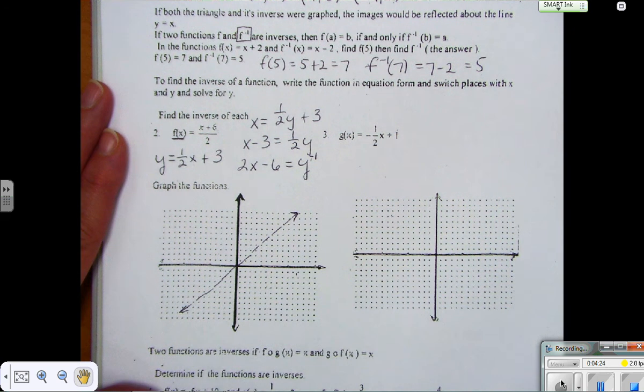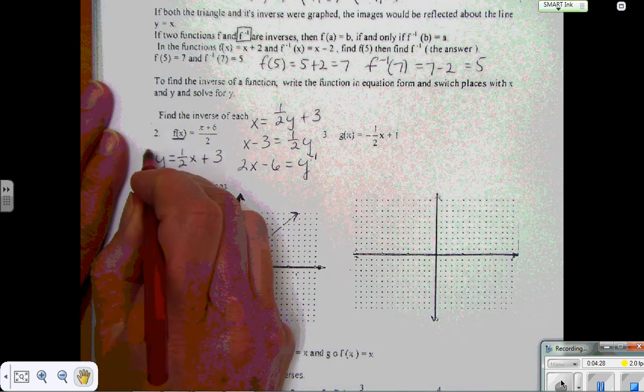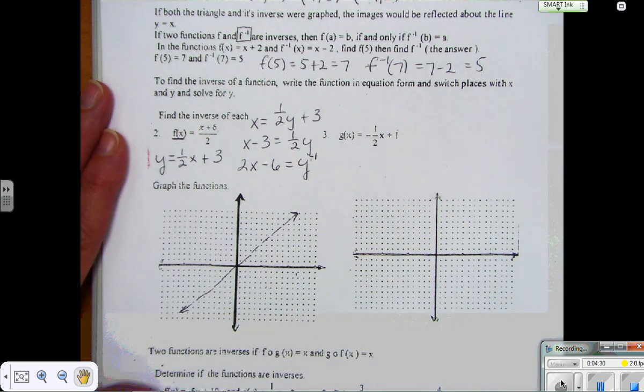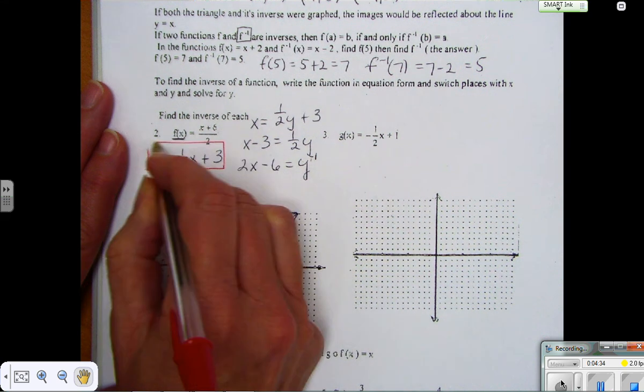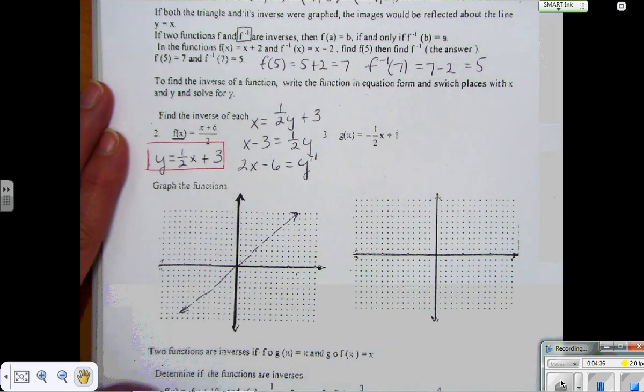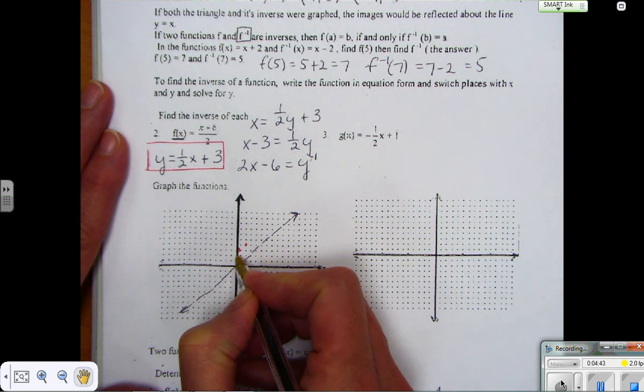So let's graph the original line. And that's why I wrote it in slope-intercept form, because I wanted to have the intercept and the slope easy to find. So my intercept is at 3. The slope is 1 over 2, up 1, over 2.